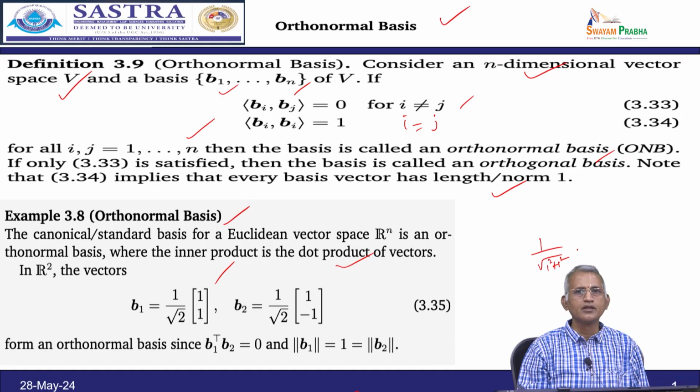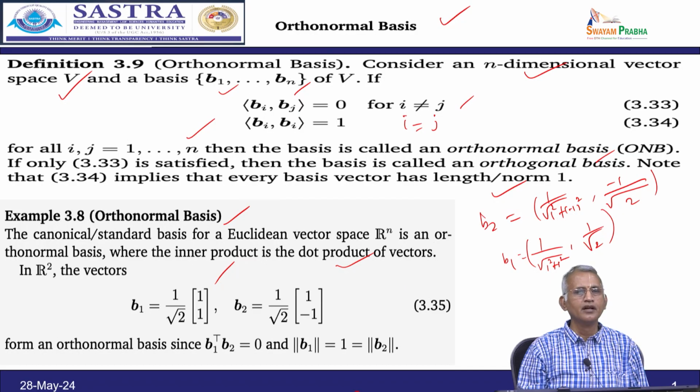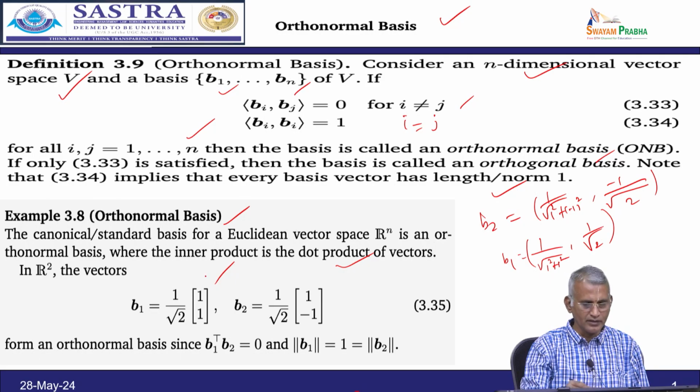Similarly, B2 is 1 by root of 1 square plus minus 1 the whole square, comma minus 1 by root 2. So, the orthonormal basis can be generated with the help of orthogonality and orthonormality as well as eigenvalues and eigenvectors.